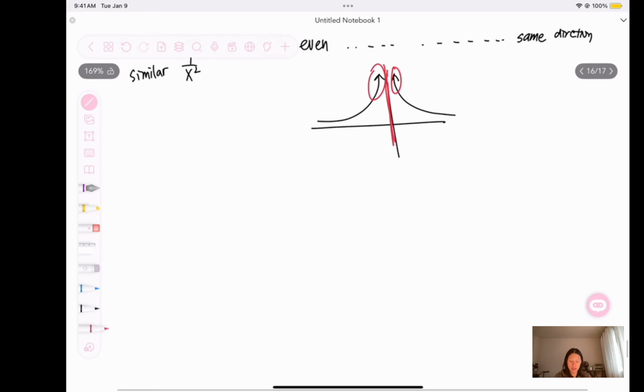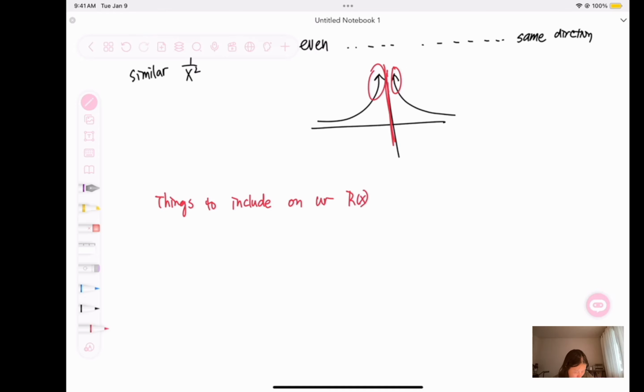So, things you should include on your rational function graph. One is the intercepts: we have an x-intercept and a y-intercept.